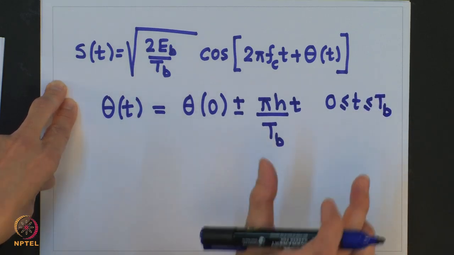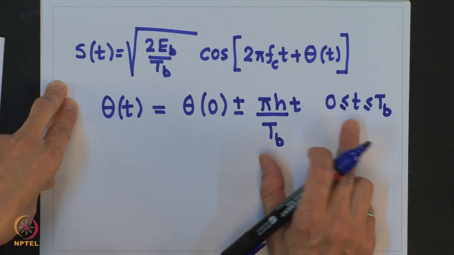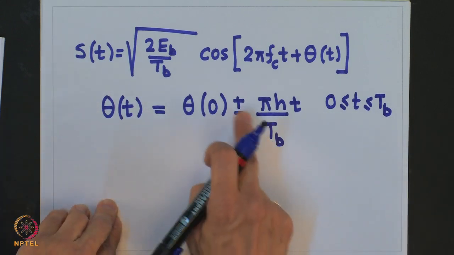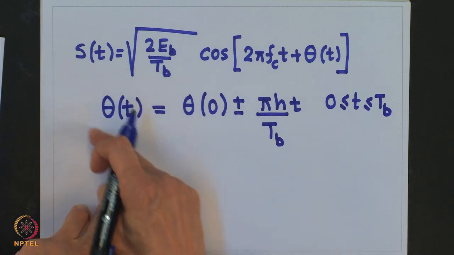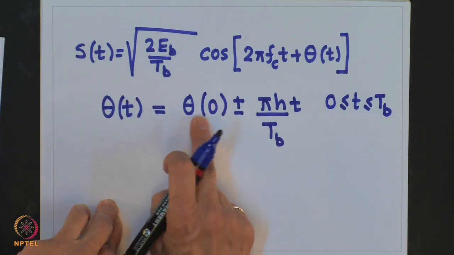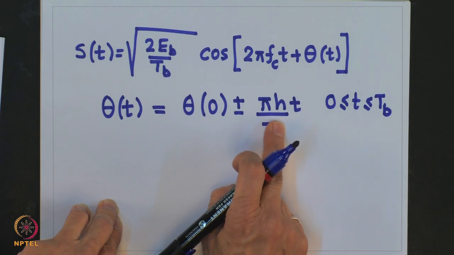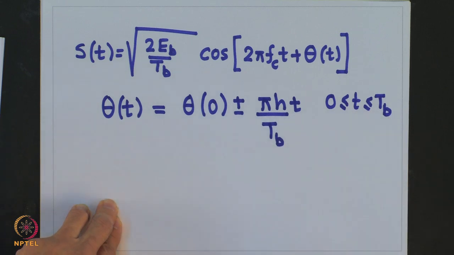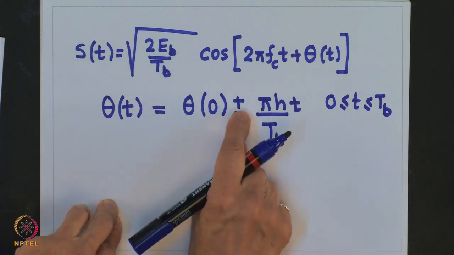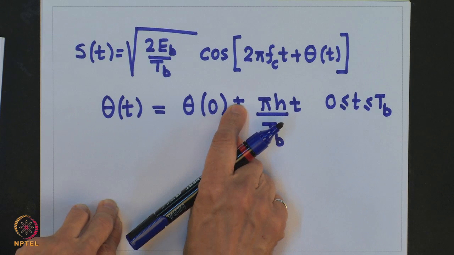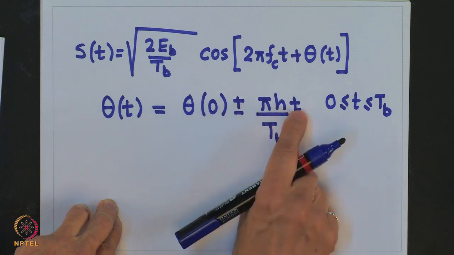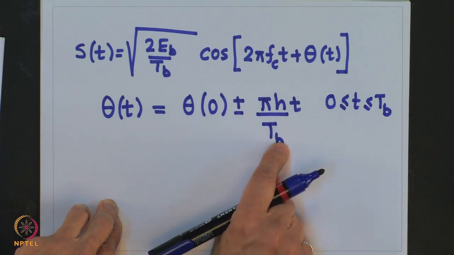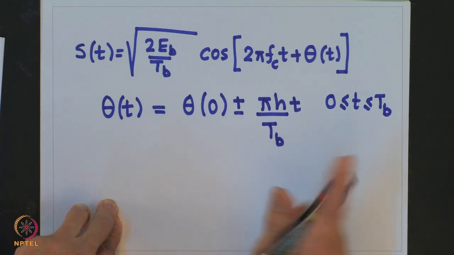We are considering the first bit interval, that is from 0 to Tb. Now, this phase theta(t) increases or decreases linearly with time during the bit interval of Tb seconds. So, this will be plus when we transmit symbol 1 and this will be minus when we transmit symbol 0.